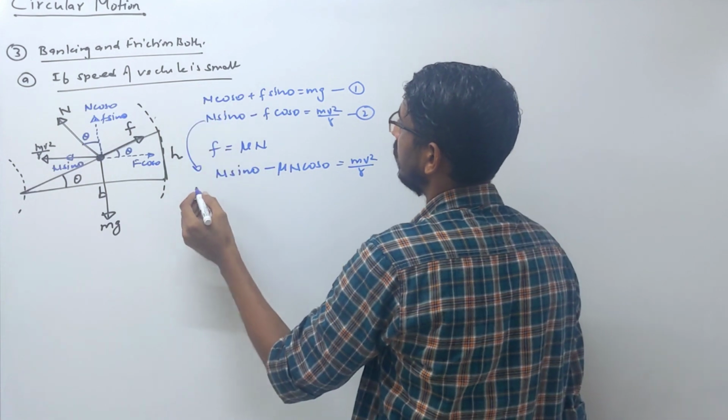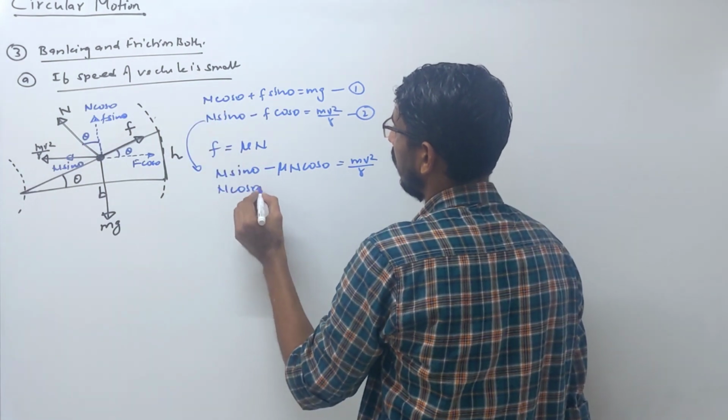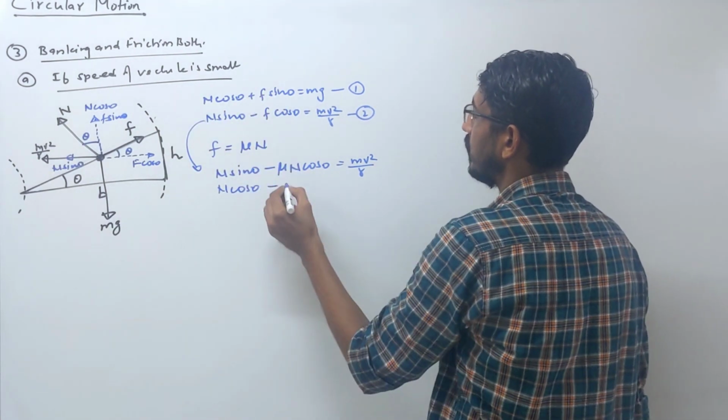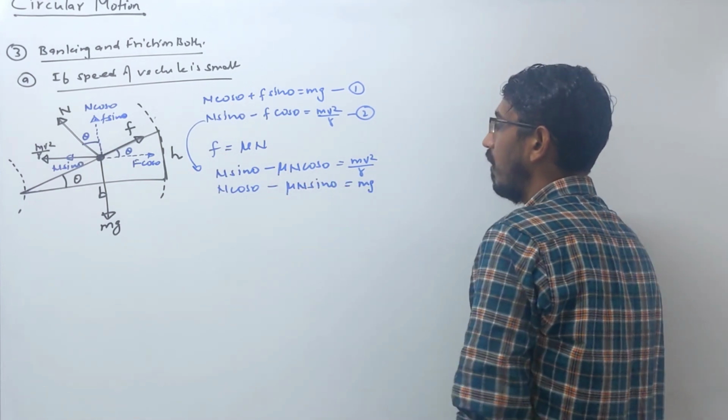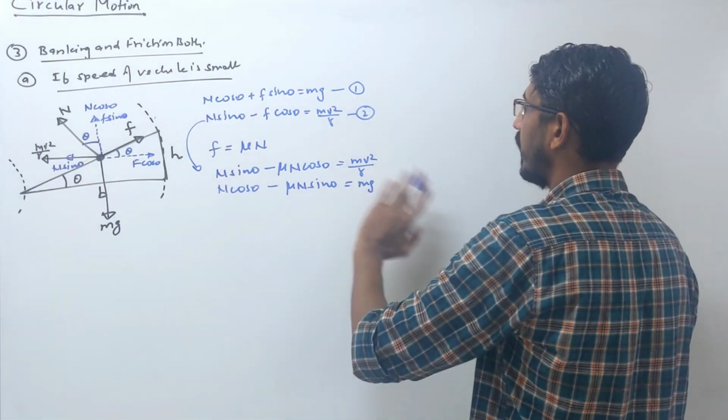Then putting in the other equation, N cos theta minus F means mu N sin theta is equal to mg. Let's divide these equations. Take N common and cancel it.